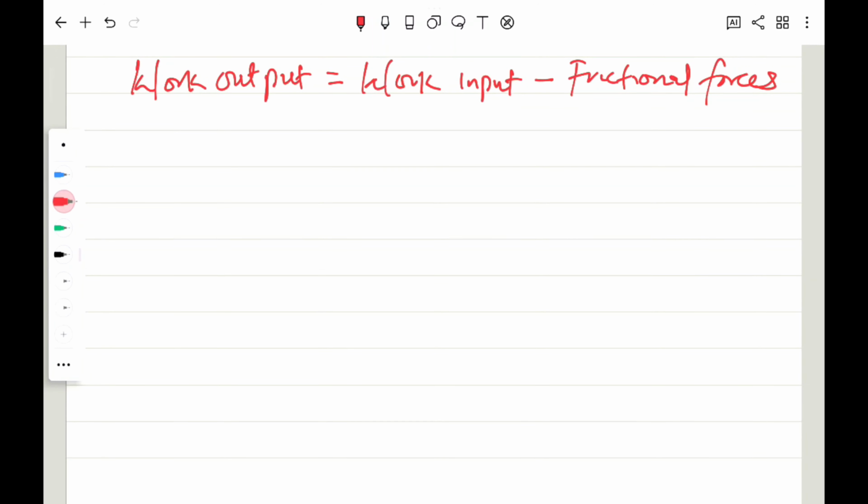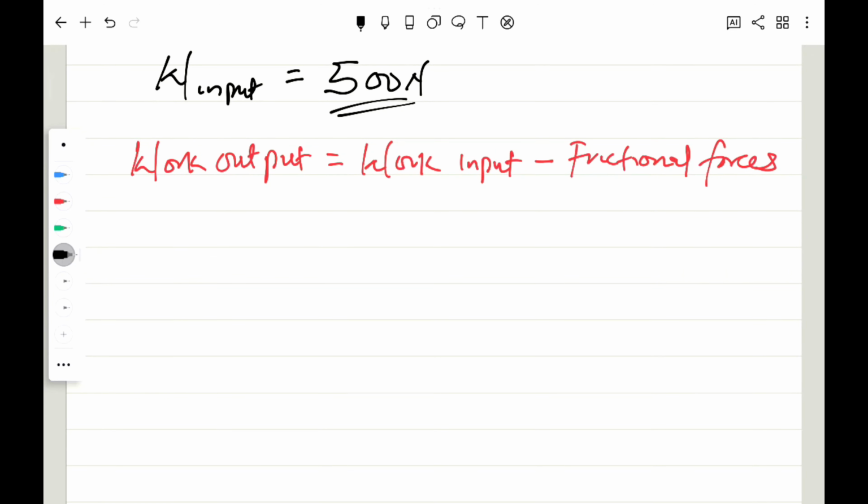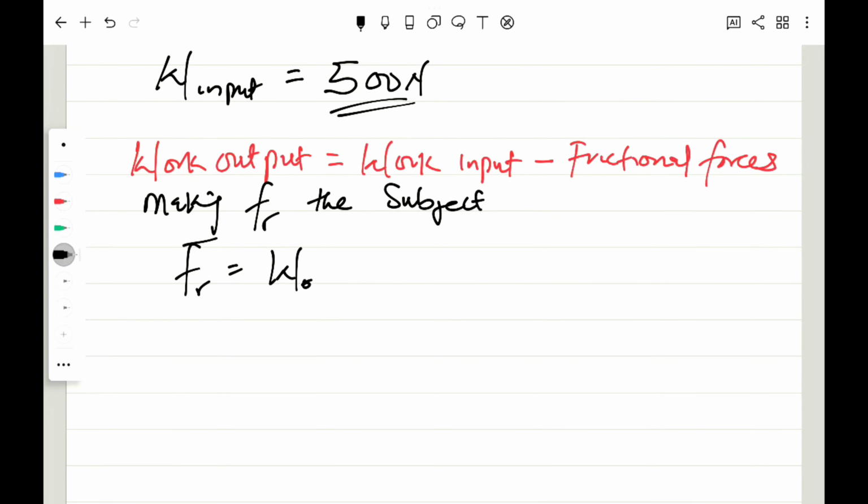Is that clear? So if that's the case, we are solving for frictional forces. Then we make that the subject of the formula, making F of R the subject of formula. Then F of R is equal to work input minus work output. Let's rewrite it.